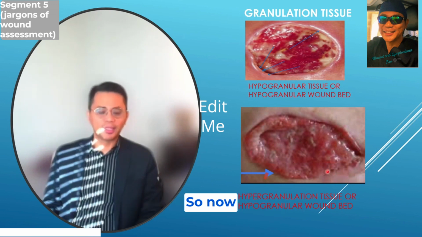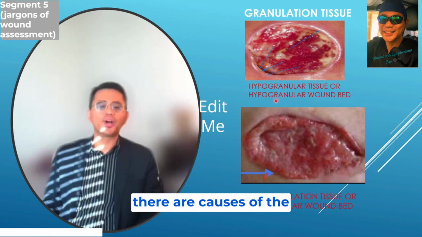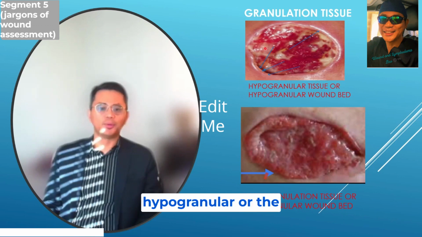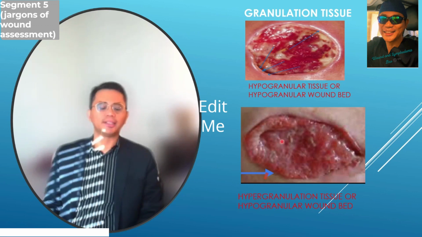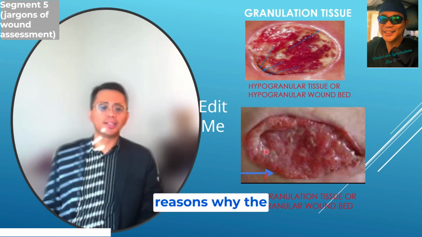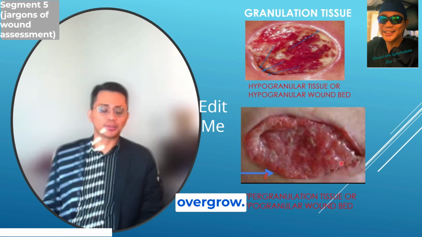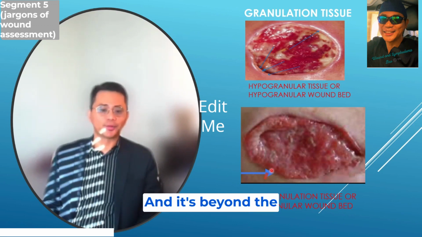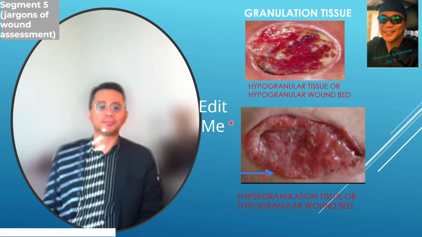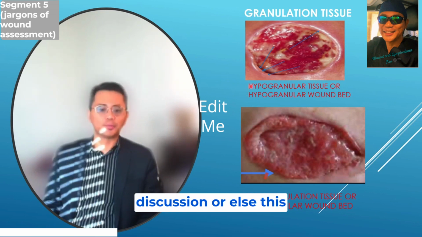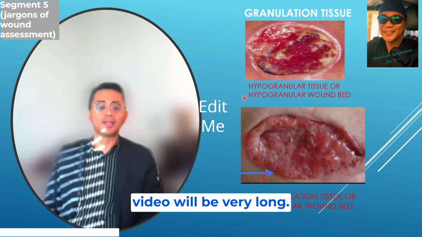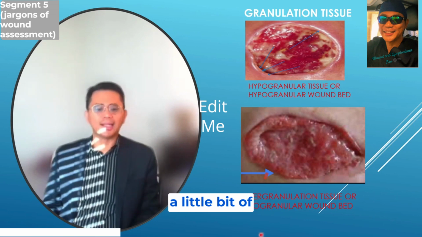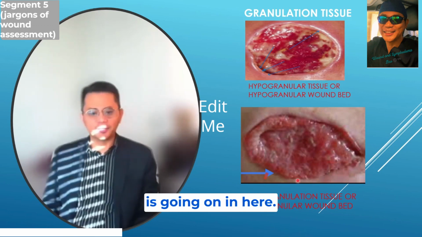There are causes of the wound base being hypogranular, and different reasons why granulation tissue would overgrow, and it's beyond the scope of this discussion, or this video will be very, very long. But let me give you a bird's eye view of what is going on in here.